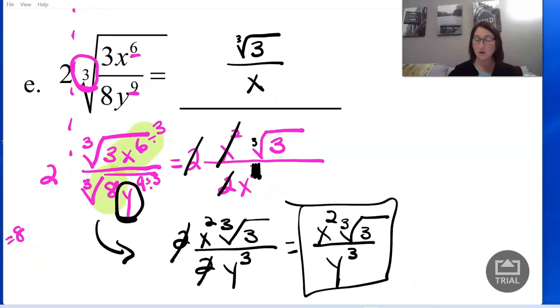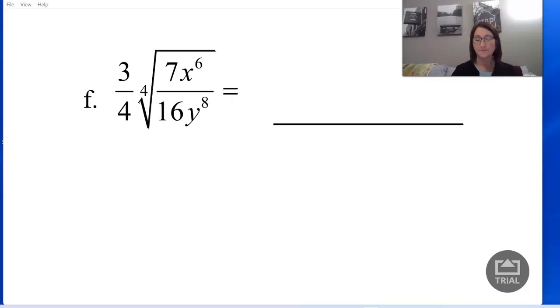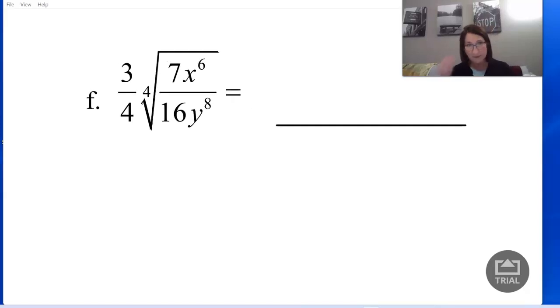All right, let's go over to F. Okay, so for F, how about if we separate our numerator and our denominator? We've got this fraction bar here. I'm going to put the 3 on the top, the 4 on the bottom.